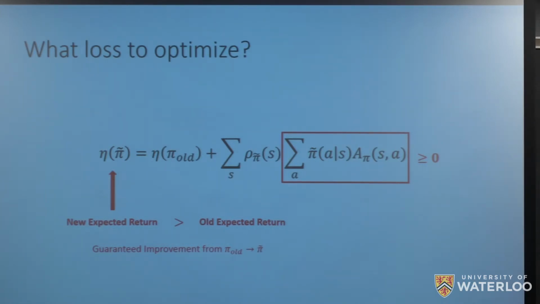We generally just don't do that. We generally just update in terms of A, and then we simply flow the gradient into the old policy and expect something to happen. But this is the guaranteed improvement from the old policy in terms of the expected return of the new policy from the data that is sampled from the old policy, which is quite interesting, I think.